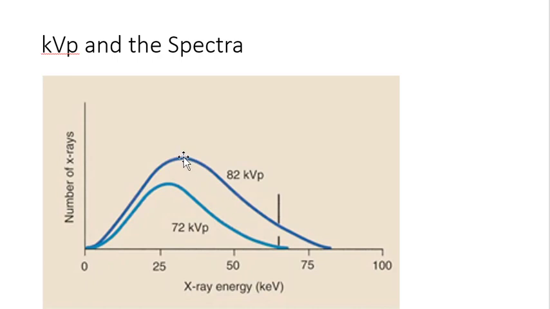Our average is here as opposed to here, so it moved it towards the high energy side. We already had a characteristic spectrum, so it probably changed how many characteristic photons we actually have. But we get an increase in numbers, an increase in average, an increase in peak energy, and again, if we had not had a characteristic spectrum, we would have one now.